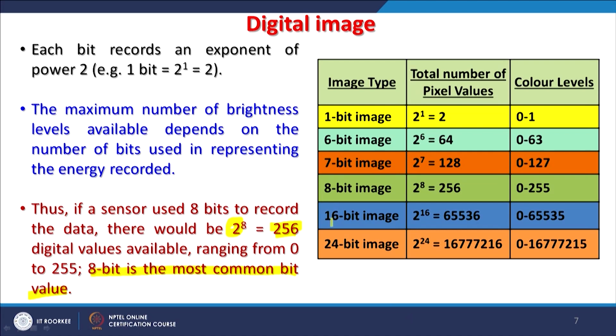Similarly, if I go for a 16-bit image, 2 power 16, this is 65,536. So, a lot of variations would be available, but always one has to keep in mind the storage requirements. The higher the bit depth of a pixel, the more space it would require, and this space requirement is exponential.